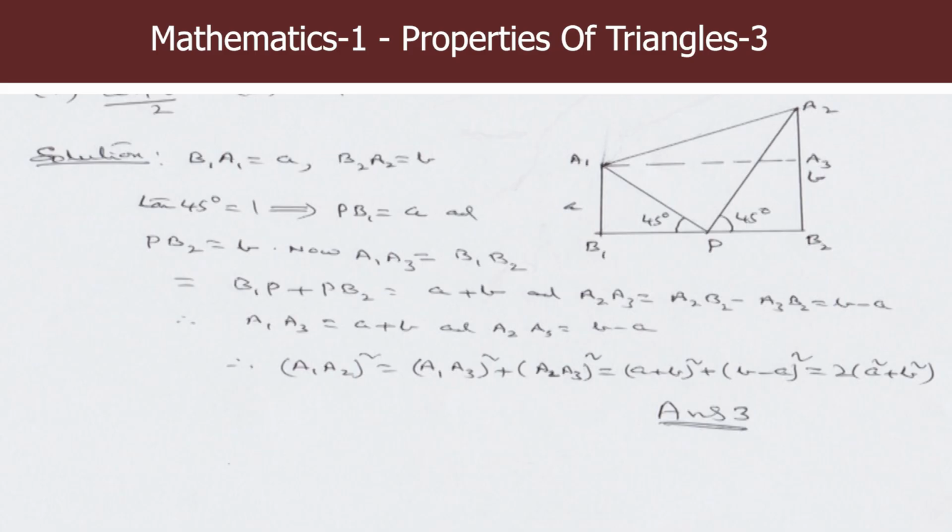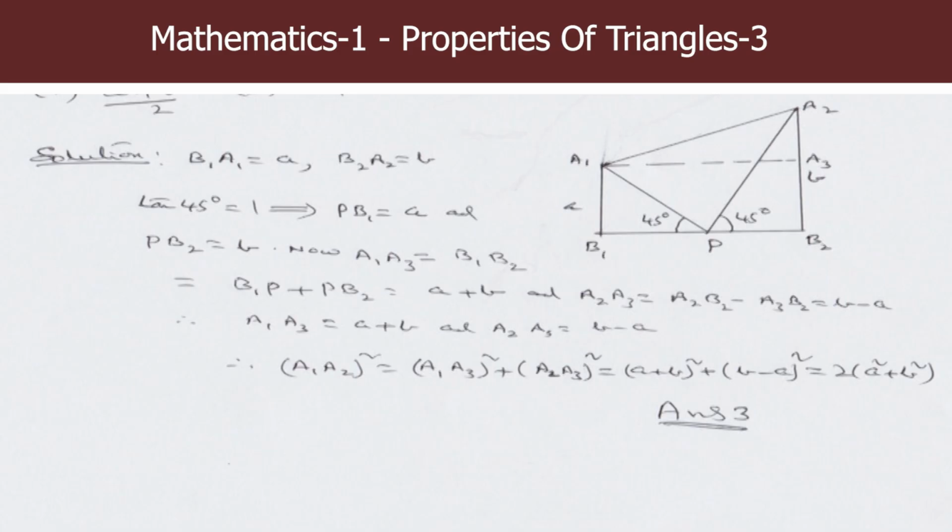Now A1A3 is equal to B1B2, because this is a rectangle. So therefore, B1B2 is equal to B1P plus PB2, which is small a plus b. And similarly, A2A3 is equal to A2B2 minus A3B2, which is small b minus a.